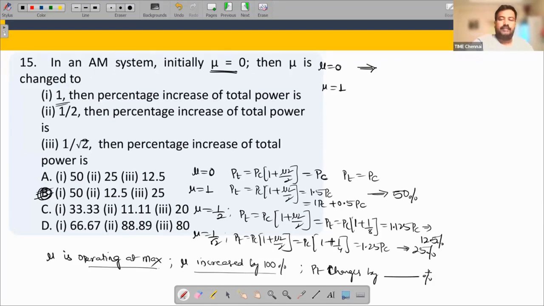What's the answer for this? Think. Mu is operating at maximum and mu is increased by 100%.